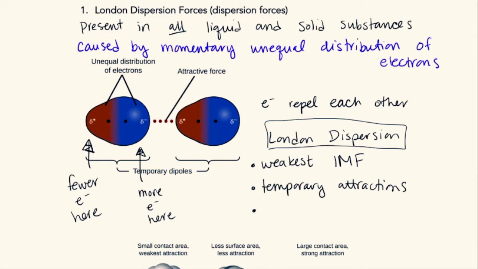if we have more electrons, we have the potential for stronger attractions. Okay, so the strength depends on the number of electrons. If we have more electrons in the molecule, we have the potential for stronger London dispersion forces because you have more electrons causing the temporary dipole, the partial negative and partial positive.